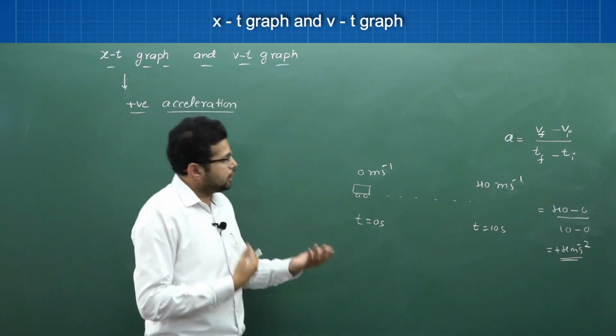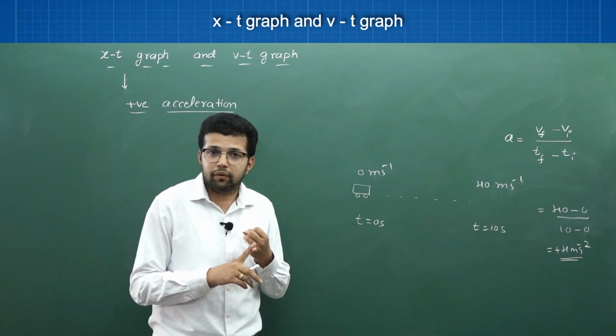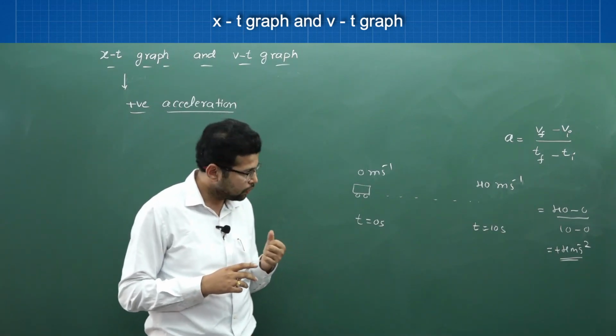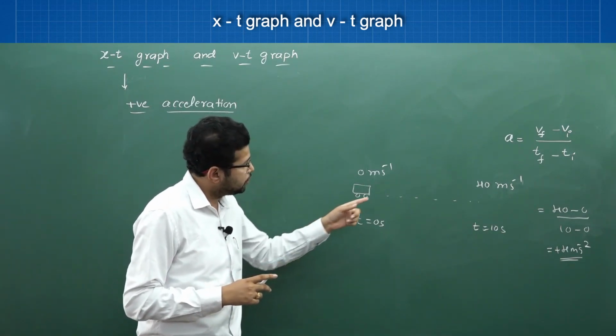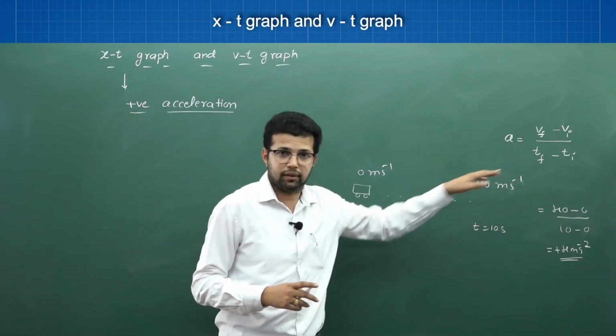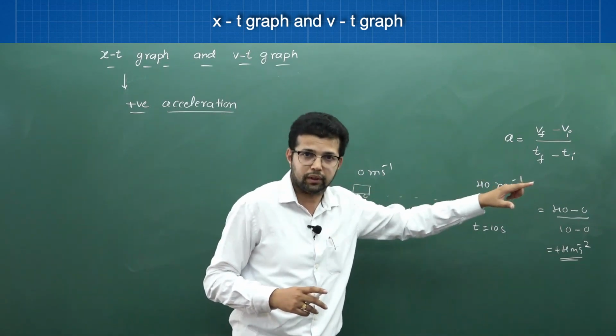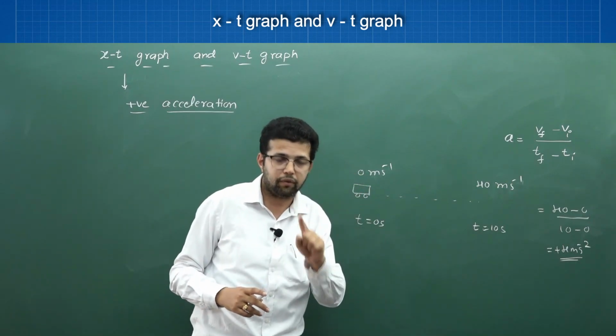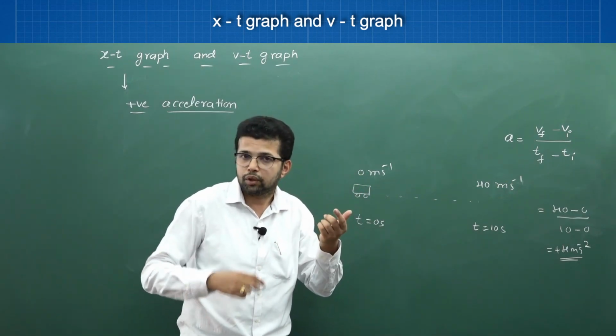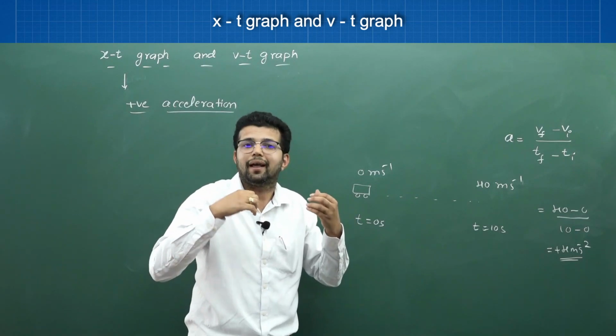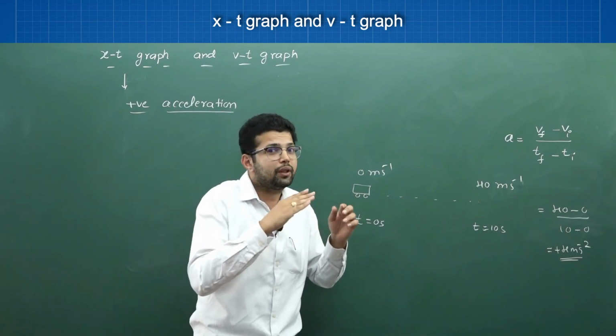Now, we have already studied that the slope of an xt graph gives you velocity. Positive acceleration means velocity should increase. So in our xt graph, slope should increase.